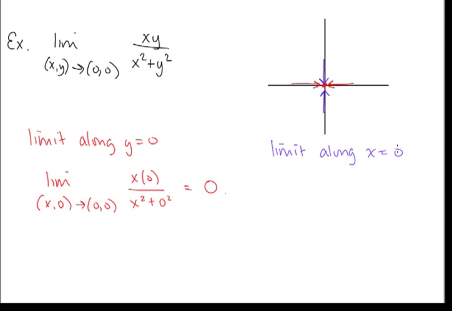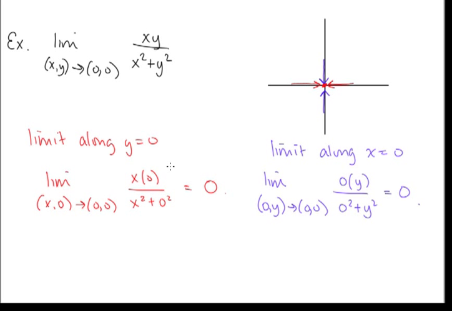Now what about the limit along x equals 0? We have the limit as (0,y) goes to (0,0) of 0 times y over (0 squared plus y squared). Same thing is happening. We're taking y approaching 0, so y is not equal to 0 for any of these computations, and we get 0 over non-zero, and this is also equal to 0.